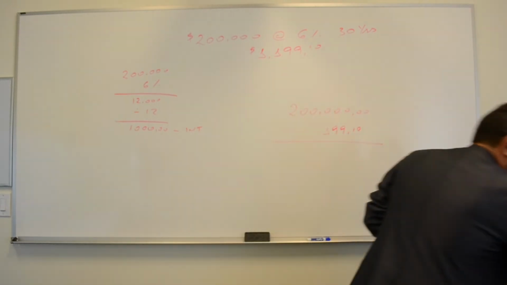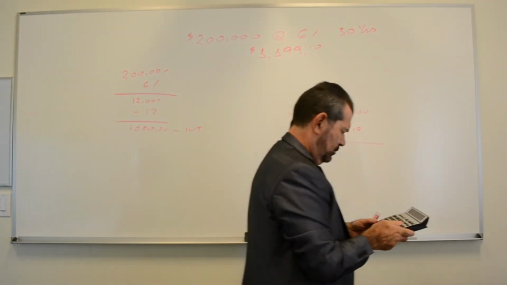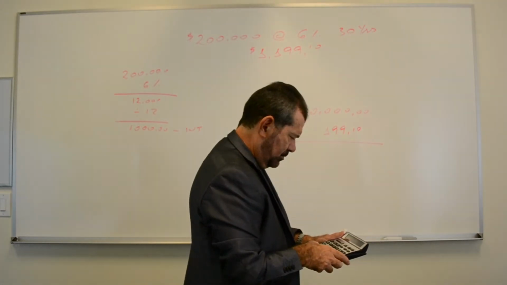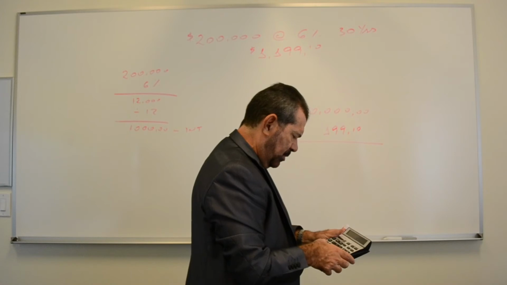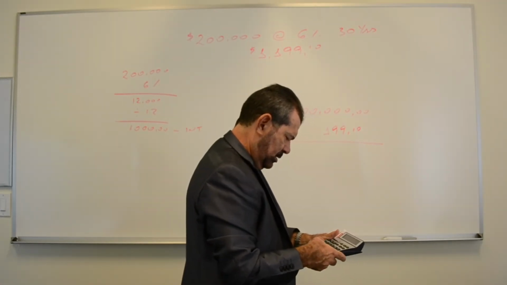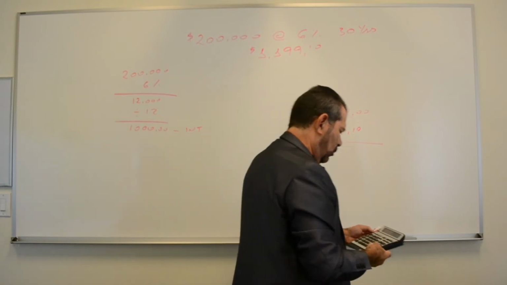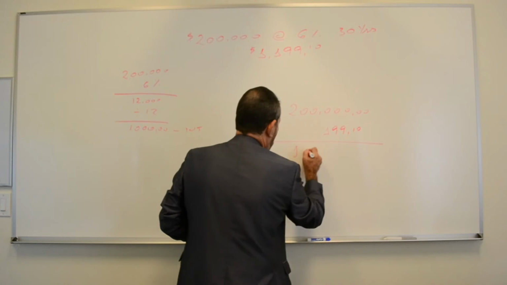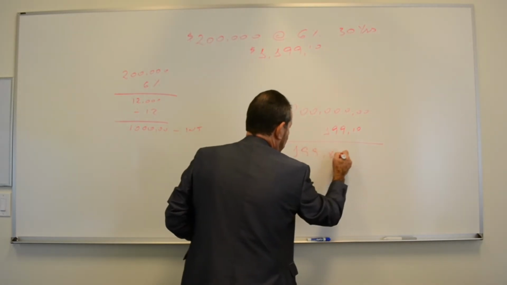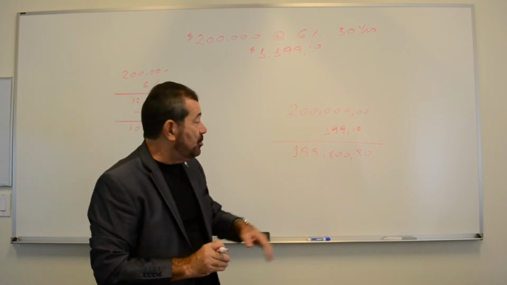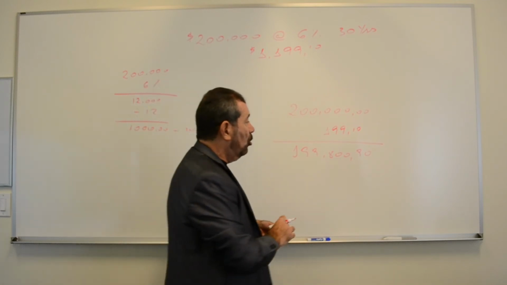All right, so let's get the calculator here. We put 200,000, subtract by 199.10. So we get 199,800.90. So this is my balance on my second month.